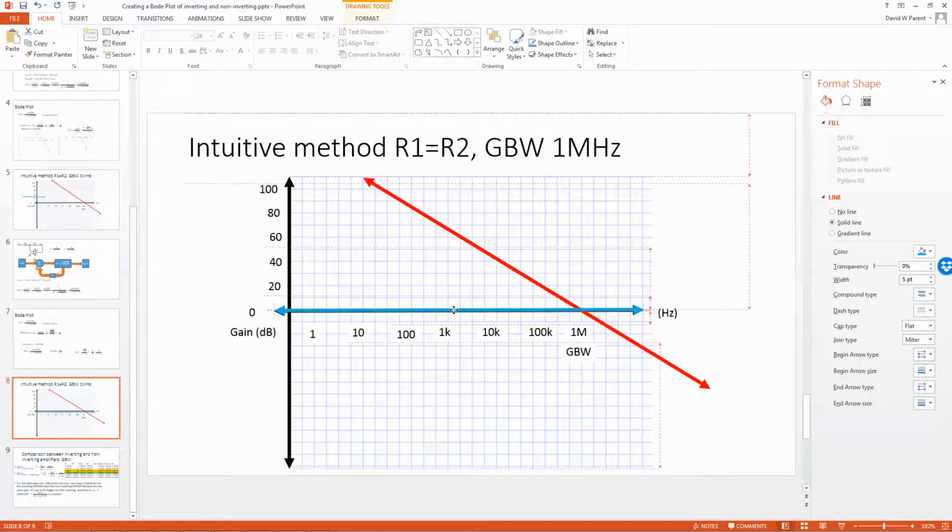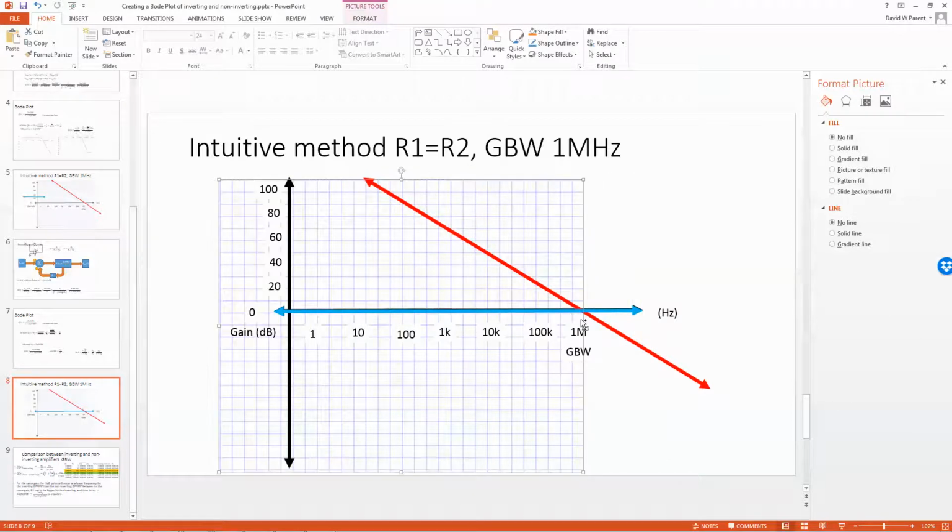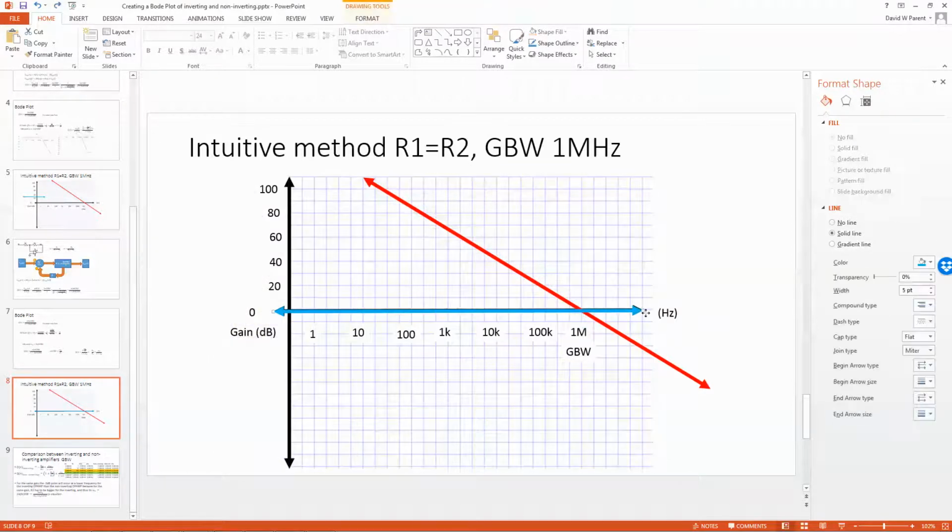Now, if the gain is 1, it's not really 1 for an inverting, it's minus 1. Alright? But we're taking the magnitude of that, so in fact it's still the same.